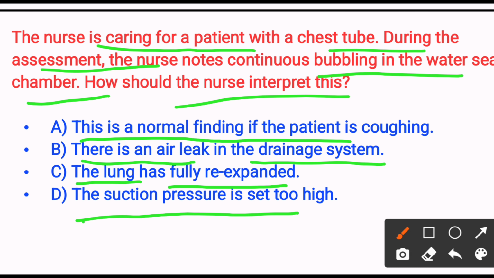The answer is option B, there is an air leak in the drainage system, because in the water seal chamber, tidaling, a gentle rising and falling with the breath, is normal.